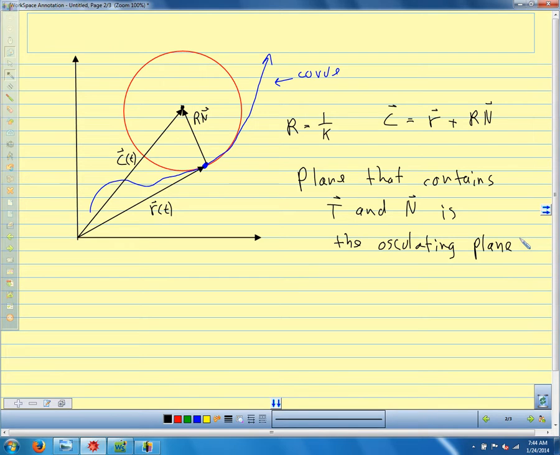I just want you to be familiar with these terms. You'll hear osculating circle or circle of curvature. The osculating plane is the plane given by T and N. The acceleration is always in the osculating plane.